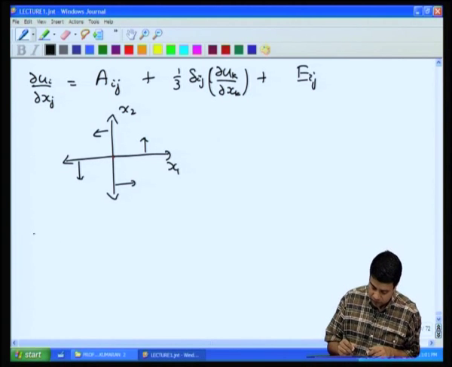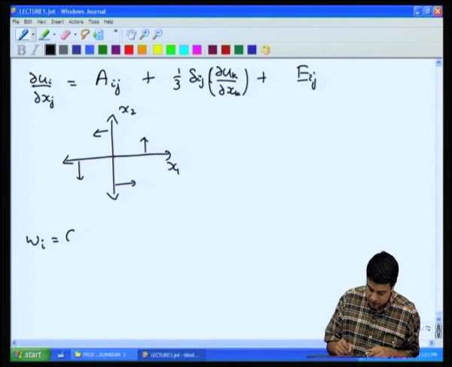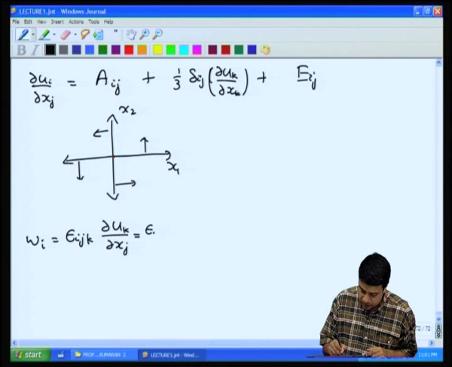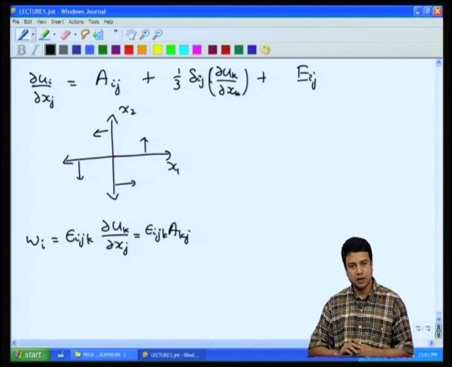Okay. And we saw in the last class that the rate of deformation tensor is related to the vorticity. So, the vorticity, which is the curl of the velocity, partial u k by partial x j, that is the vorticity vector, can also be written as epsilon i j k times A k j. Okay.